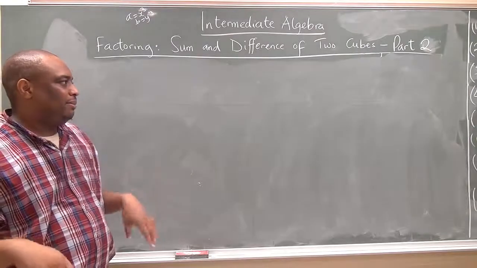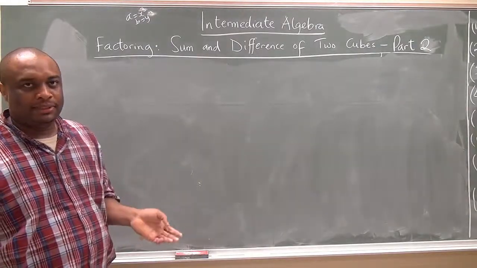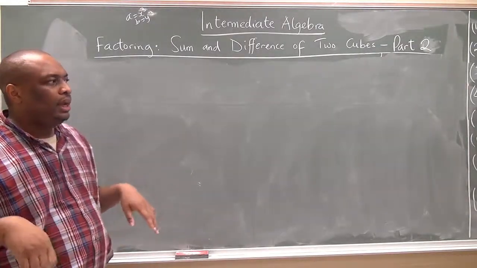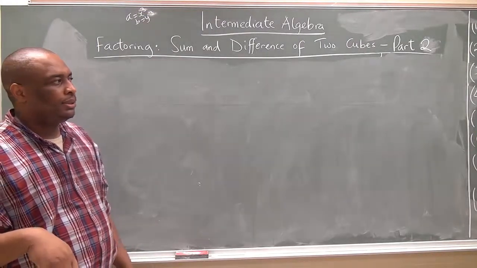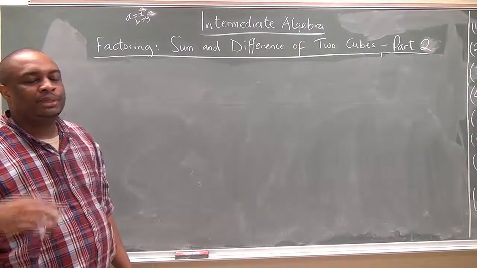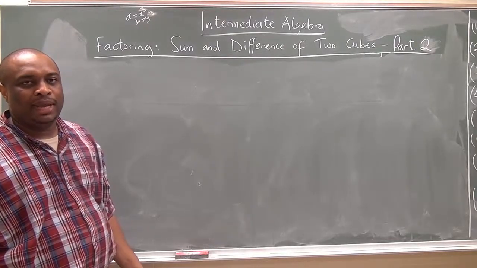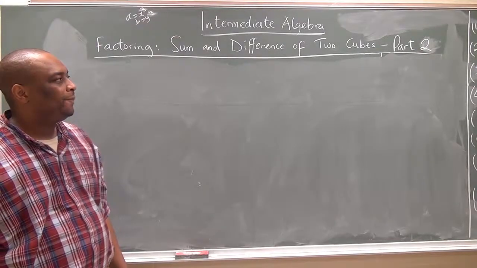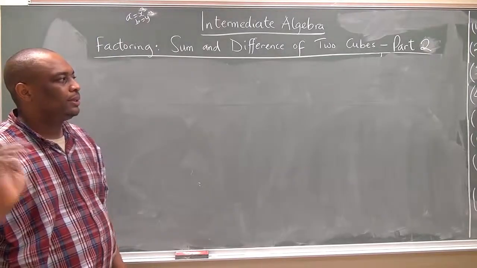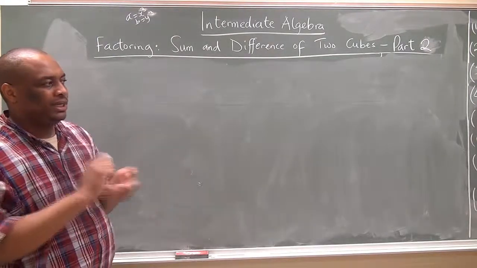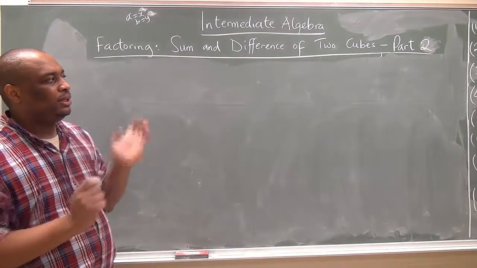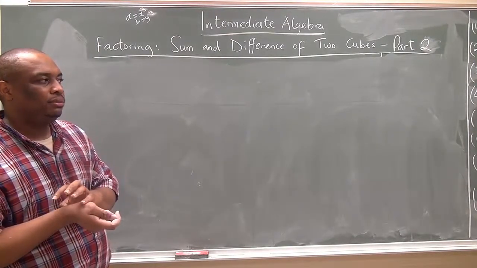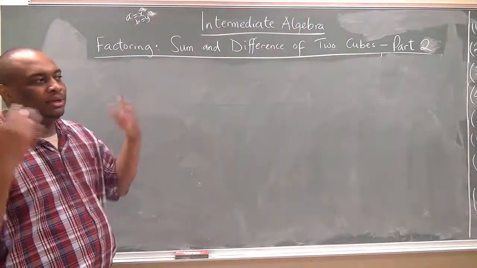It will save me time, but some of you don't know Pascal's triangle, so I'll probably use Pascal's triangle if I'm doing the difference of cubes. But as I'm doing the sum of cubes, let me just use your multiplying polynomials. Multiplying polynomials, I'll use it for sum of cubes, which I will do first. And then the difference of cubes, I will just go ahead with Pascal's triangle, because it saves me time.